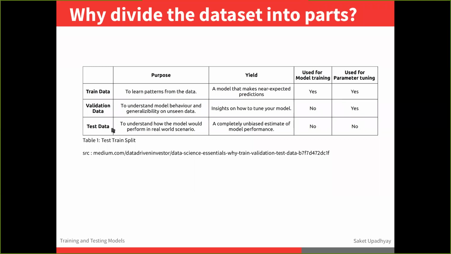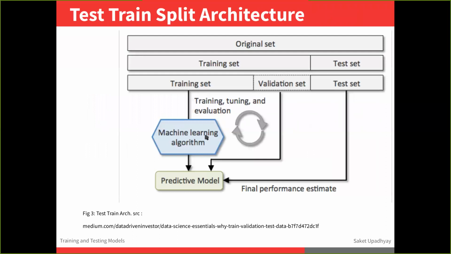Then we have test data, and this creates a performance measure of the model trained on the training set. So we will be able to see if the training is working or not. This is one more good example of training and test data sets. We have the original set here.